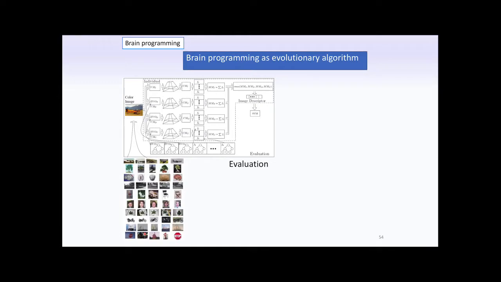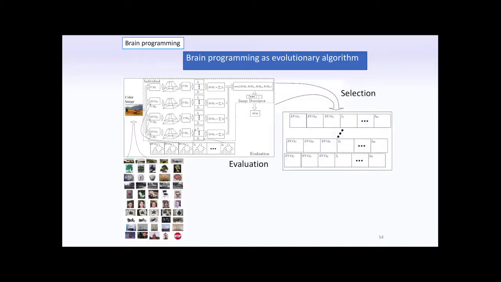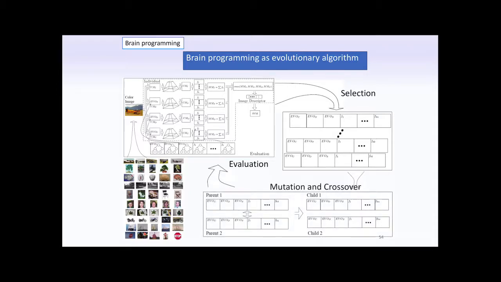So we have a database, and this database is used for the evaluation to try to select the best subprograms that go into the artificial visual cortex. So we use common mutation and crossover operators to create the new population, and this is iterated as in a regular GP algorithm.